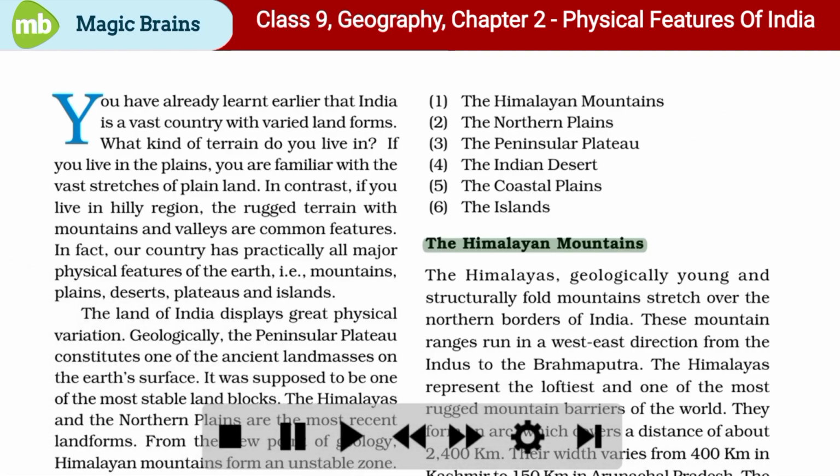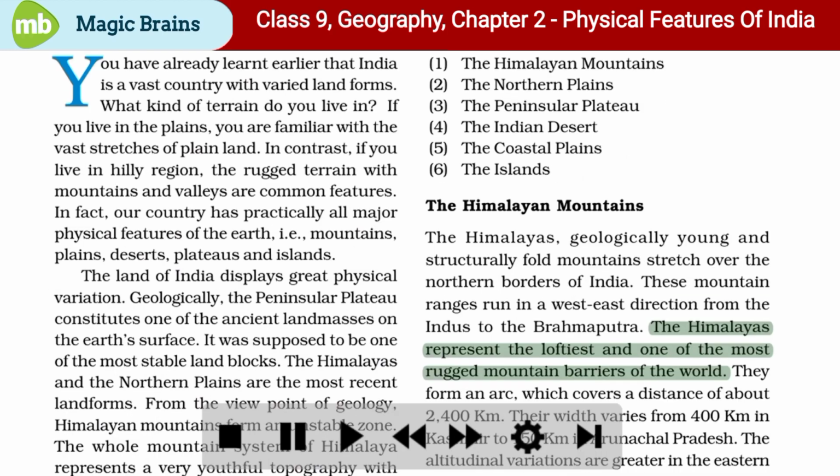The Himalayan mountains. The Himalayas, geologically young and structurally folded mountains, stretch over the northern borders of India. These mountain ranges run in a west-east direction from the Indus to the Brahmaputra. The Himalayas represent the loftiest and one of the most rugged mountain barriers of the world.